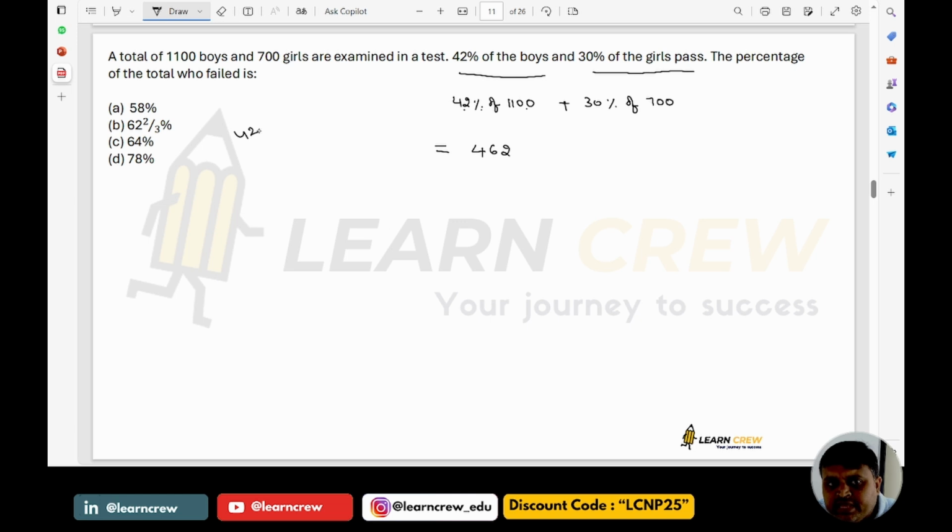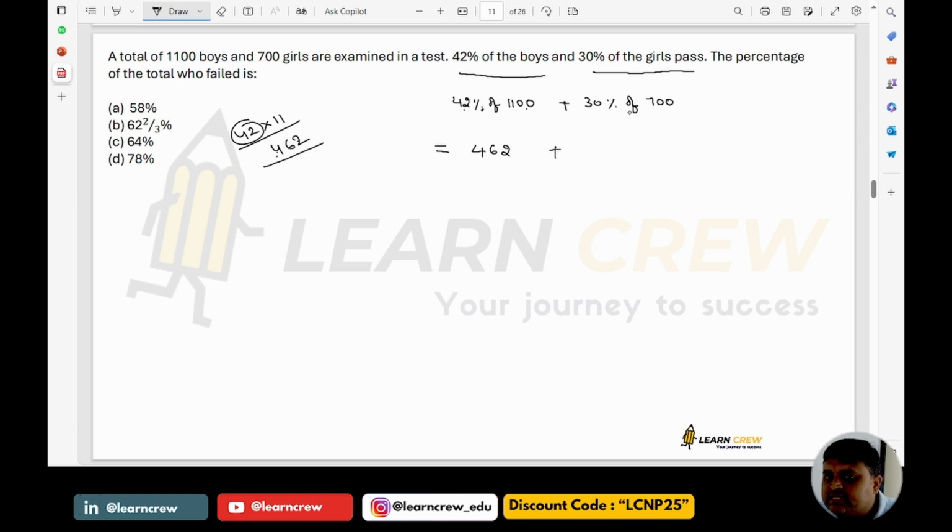Whenever you are multiplying a 2-digit number with 11, simply write the 2-digit number as it is and take the sum of those two digits. That is what I have applied. For every 100, 42. For 1100, 11 forty-twos, which is 462.